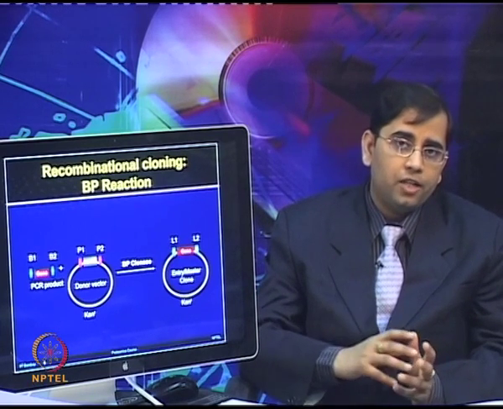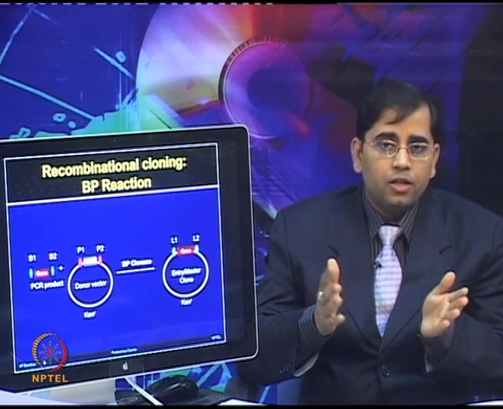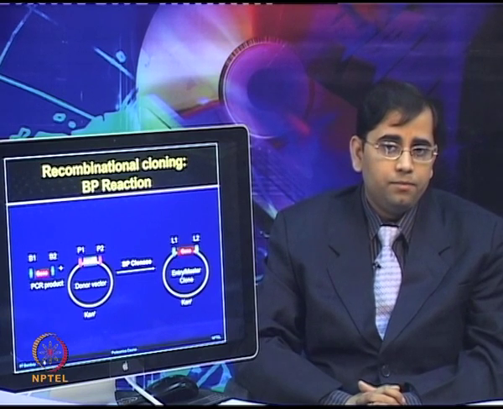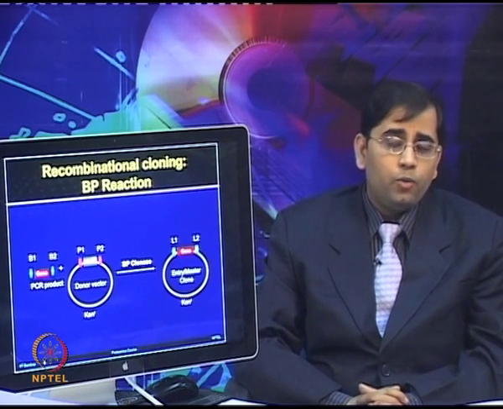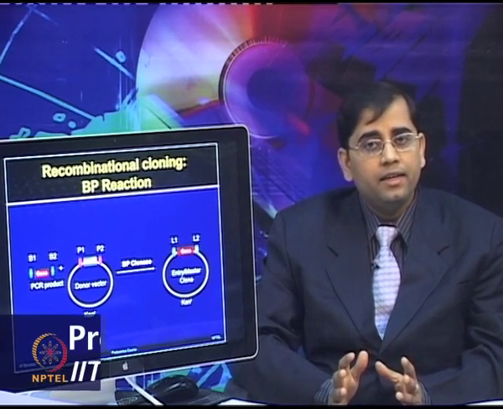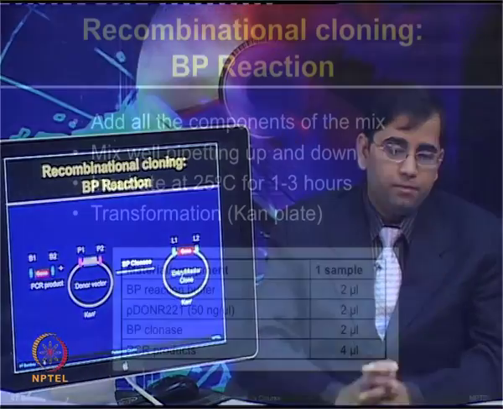This enzyme transfers the gene of interest, the attB sites, to the donor vector, which contains attP sites. So, again, what is an att site? These can be defined as lengths of DNA that serve as the binding site for recombination proteins. So, once the BP reaction is completed, this entry or master clone can be taken for further LR reaction.